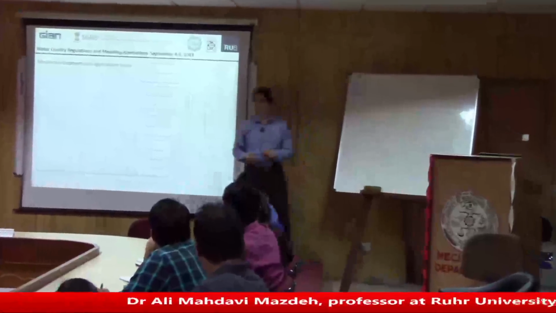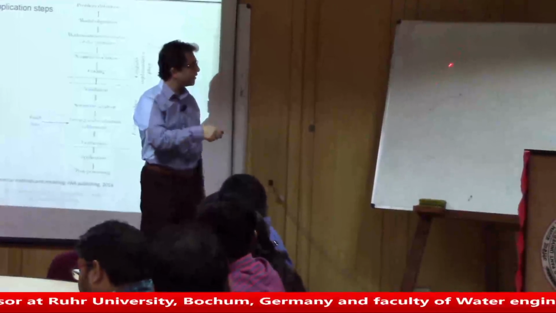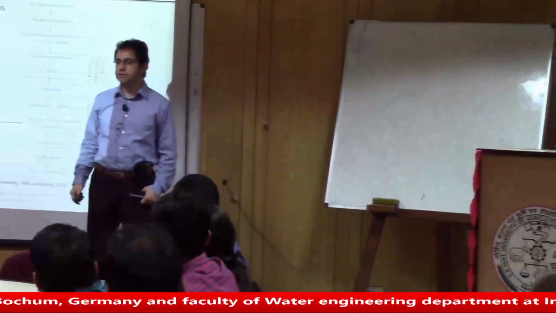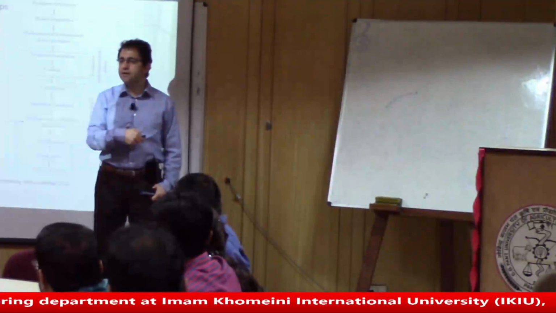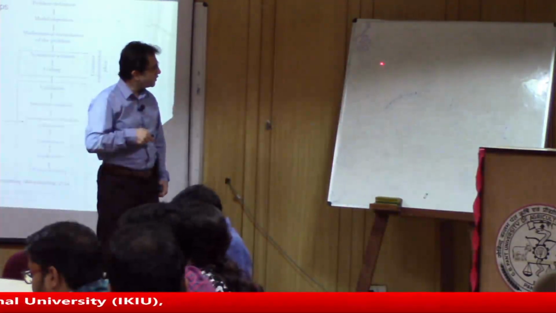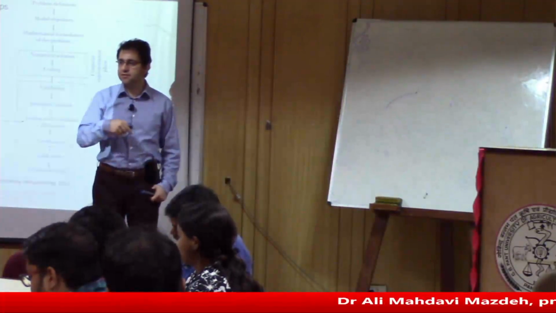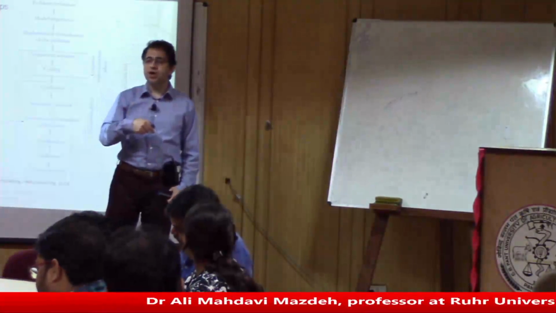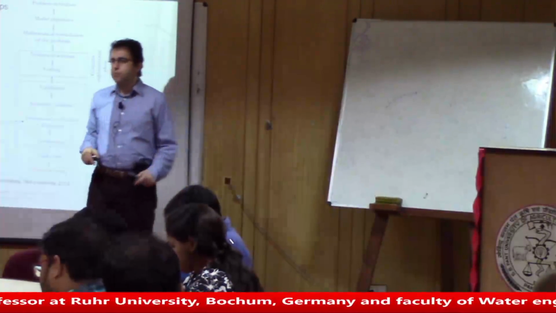This is the formula of the weir, yes? If you have the head, then you can calculate the discharge. This is the simplest model in our field. But this model needs a calibration for this C, this coefficient. We need to calibrate this coefficient, then we can use this.